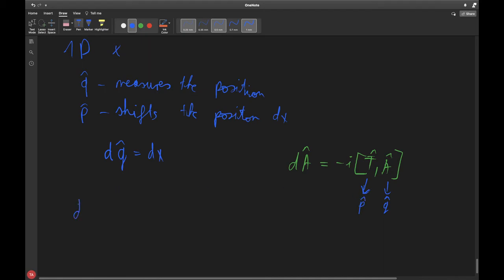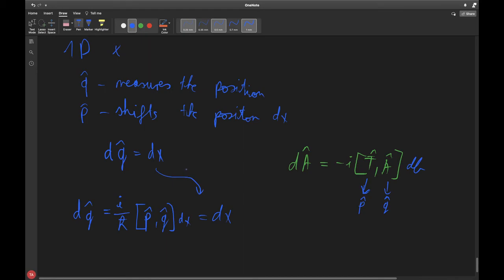So the dq operator is the same as i, and again we have an over h bar incoming just because of the physics units. And so we have this commutator of p and q. And we also have dx here. And so this thing is the same as dx, as coming from here.